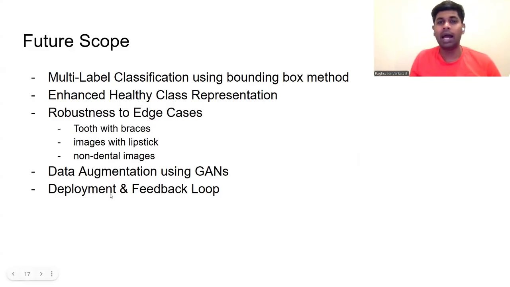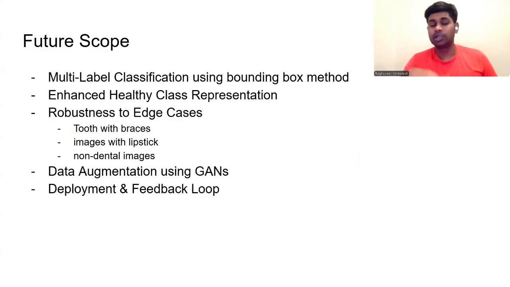And also we need to add robustness to edge cases, like people wearing braces and images with lipstick, and it should be able to recognize non-dental images as non-dental and point it out to the user to upload dental images. And also we can use GANs for data augmentation.